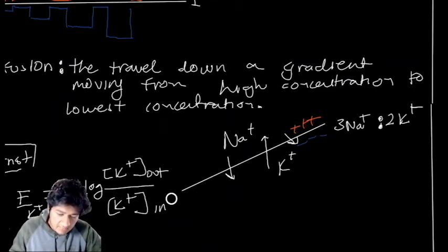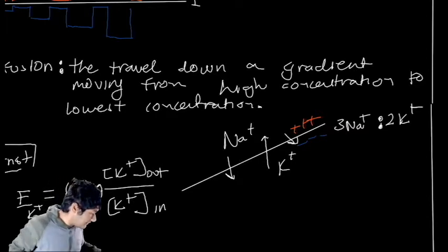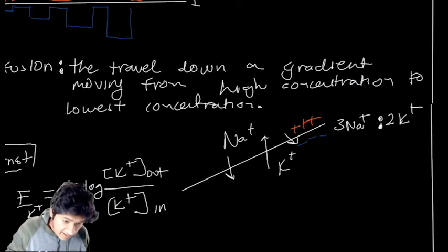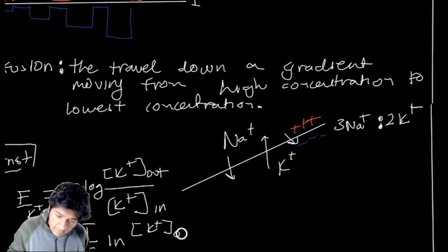inside of the cell. Okay, so we could also rewrite this another way. So we have RT over ZF times ln of K plus out over K plus in.